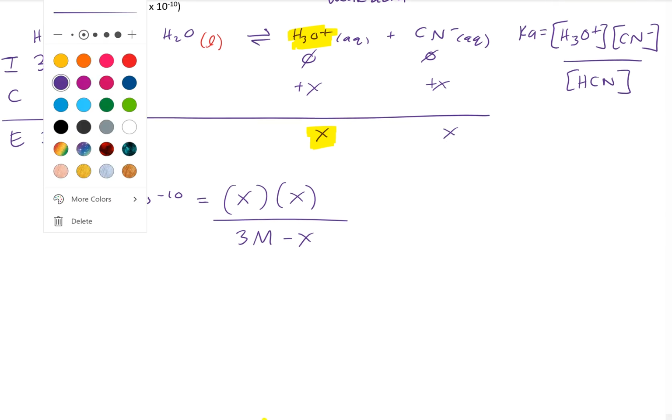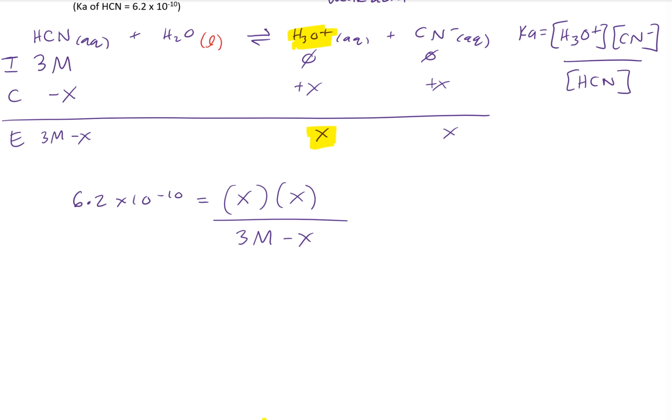And you'll notice here, if I left it this way, it's going to be a little bit of tricky math. With Ka ICE charts, like in those Ksp ICE charts, we're allowed to ignore this minus X part because X is going to be so small, it's not going to affect the molarity of the weak acid. Essentially the molarity of the weak acid at equilibrium will be the same as the initial concentration of that weak acid.